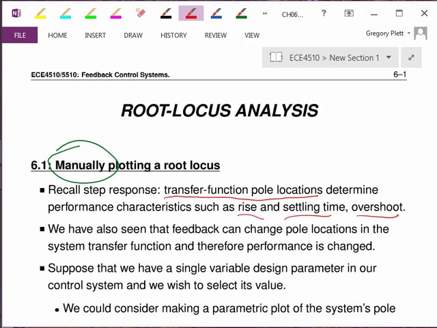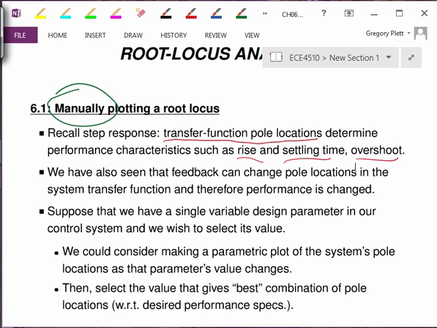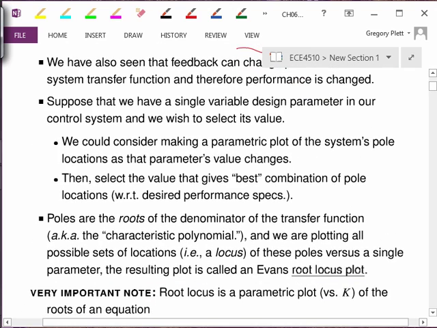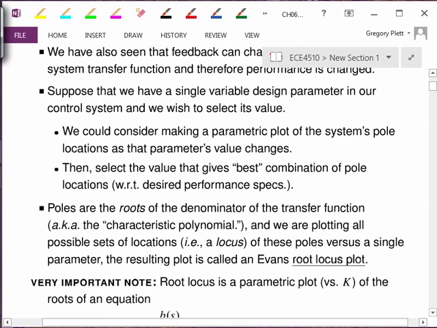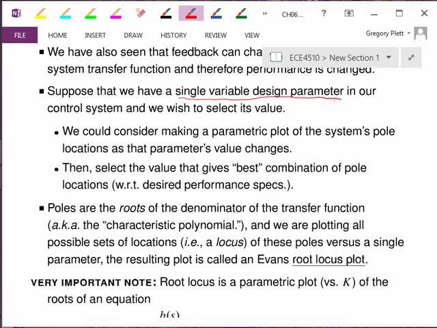And since feedback can change pole locations, we have some ability to achieve these specifications by using feedback in a design. So what we're going to assume is that we have a single variable design parameter in our control system, and our goal is to select the value of that design variable, maybe some number from 0 to infinity or just any real number.